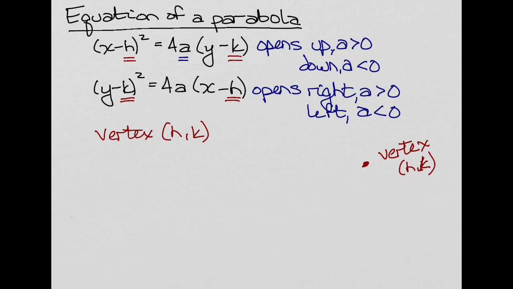And then we have this a in here. A actually gives us a bunch of different information about the parabola. The first thing it tells us is the distance from the vertex to the focus.